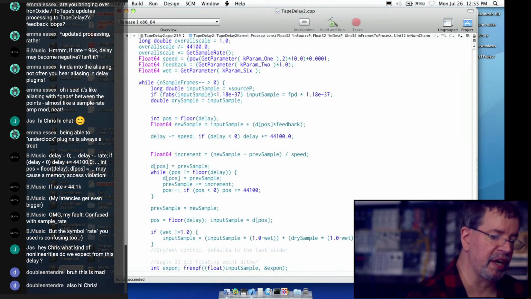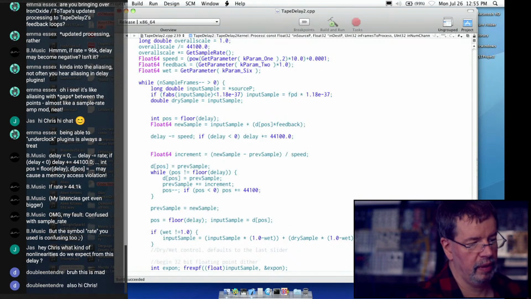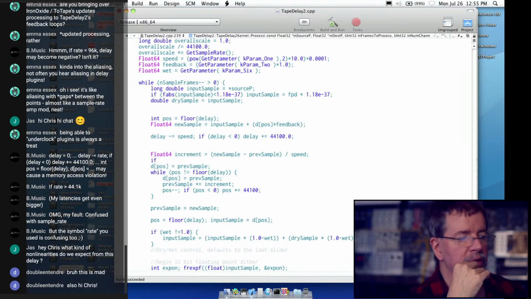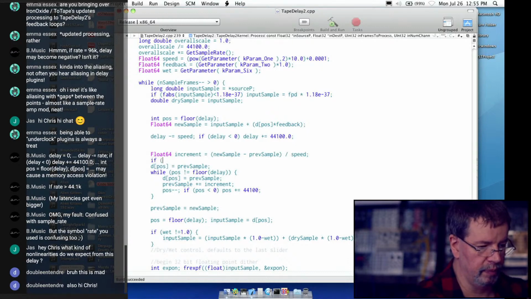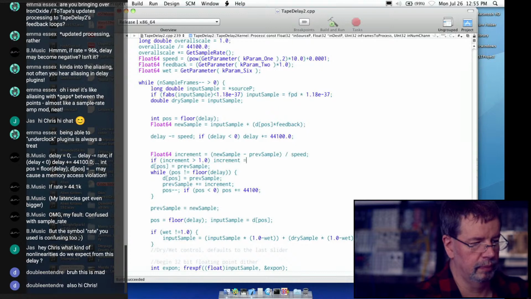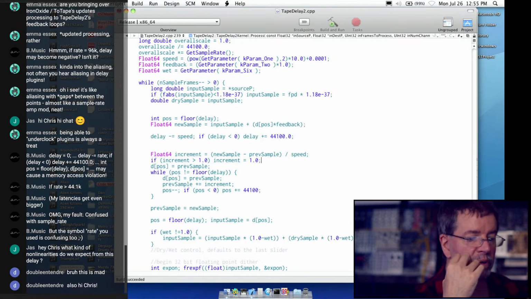We can also do a sanity check. Can we do a sanity check that is, we could do 2. Wait, that's not even what we care about. Hang on.